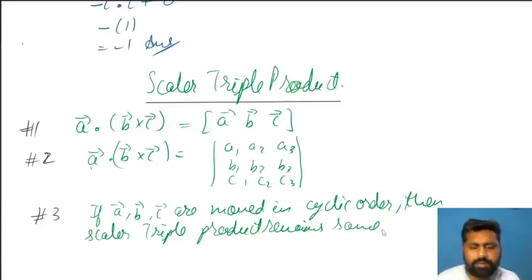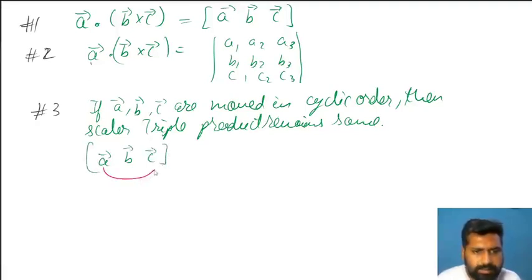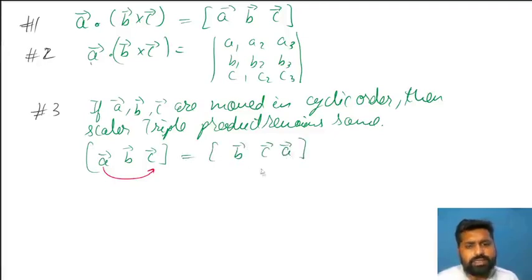What is the meaning of that? Let's say A vector, B vector, C vector. What I'm doing is moving this here. I've taken A in front of BC, so B, C, A. Even if I do this, it is still the same. I'm moving in cyclic direction.